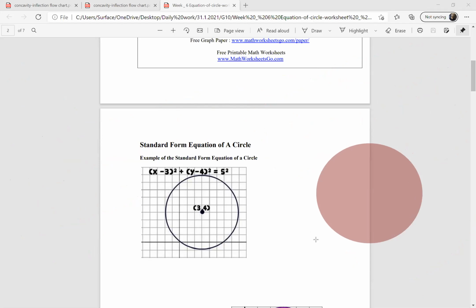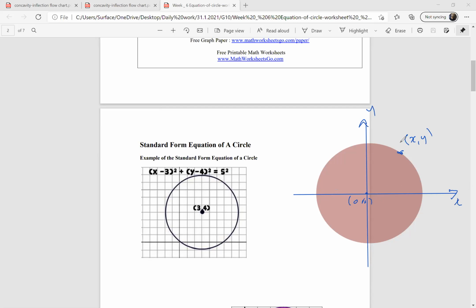This is the circle, and the origin is the center of it. So any point on the circle is represented by X and Y. This is X and this is Y. And this is the origin, 0 and 0.